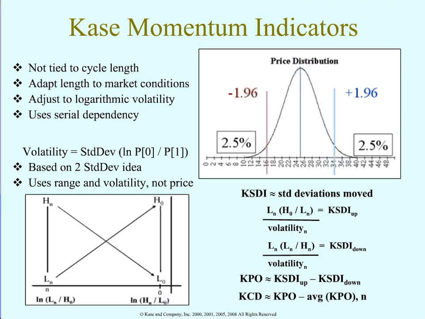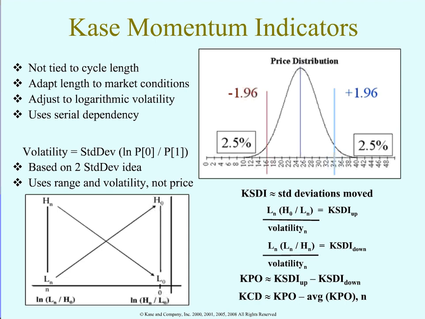So if you think about, remember the stochastic, it was looking at a range. This is similar, but instead of looking at the highest high or the lowest low, it's looking at what the high is now versus what the low was back n days ago, divided by the volatility over n days.